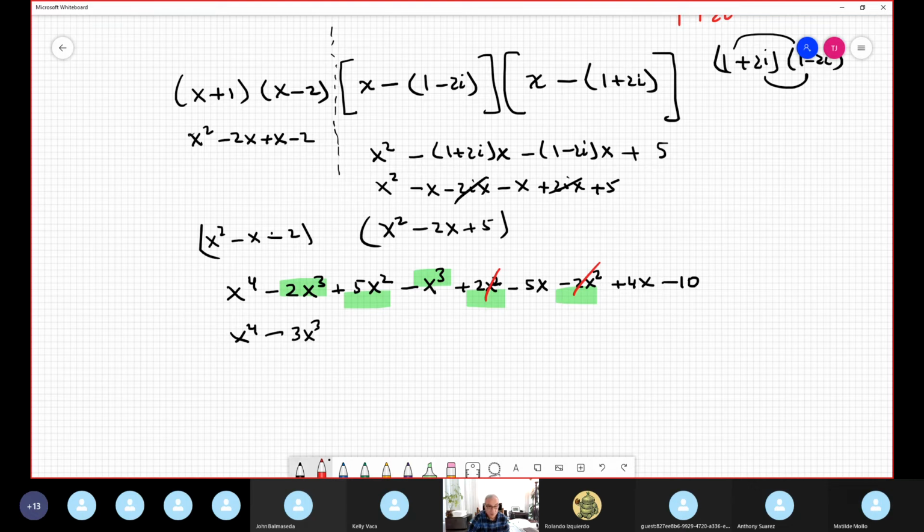This is plus 5x to the second power, and this is -1 because this and this together is -1 minus 10. -1 x, so minus x. Minus 10. Something like that.